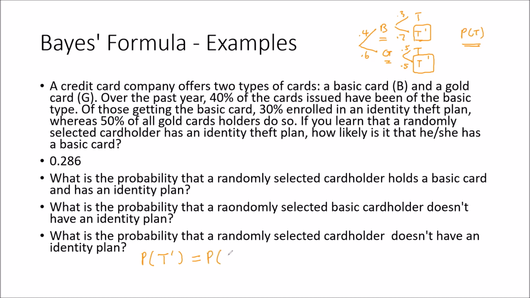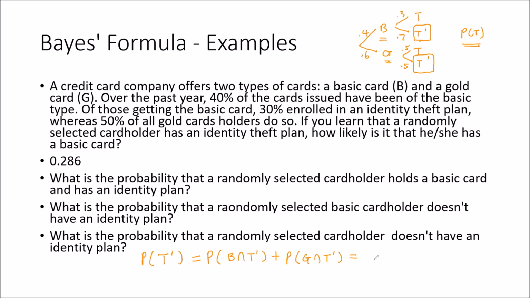So this is just the probability of B intersect with T prime. Switching the order doesn't really matter. And then use the product rule. Let me rewrite the product rule.